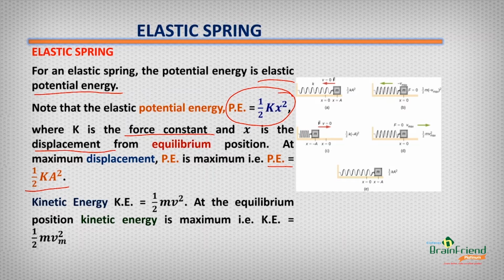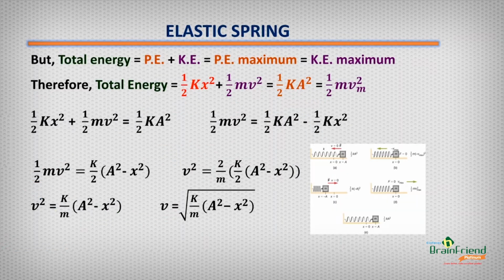The kinetic energy KE is equal to half mv squared, where m is the mass of the body and v is the velocity. At equilibrium position, kinetic energy is maximum, that is, KE is equal to half m v_m squared. v_m represents the maximum velocity. But recall that the total energy of a simple harmonic motion can be calculated by PE plus KE, or PE maximum, or KE maximum.